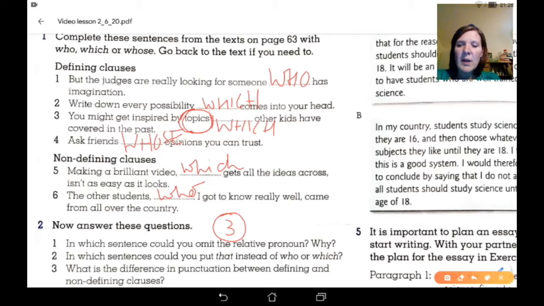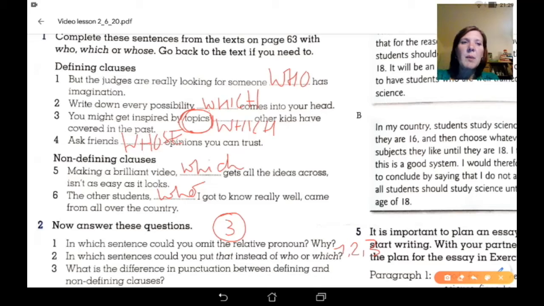In number 2, in which sentences could you put that instead of who or which? So here you had different possibilities. Sentence 1, sentence 2, and also sentence 3 with these possibilities. So we know that if it's a non-defining clause, you cannot substitute with that.